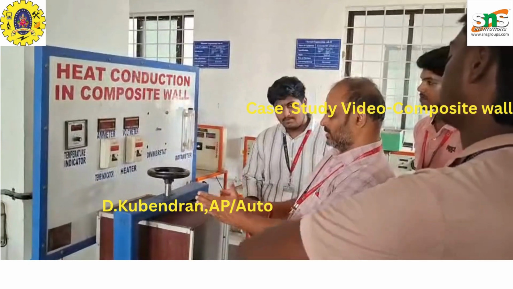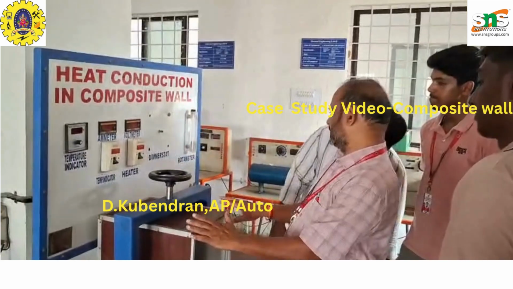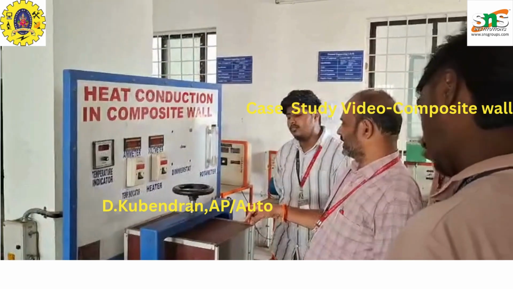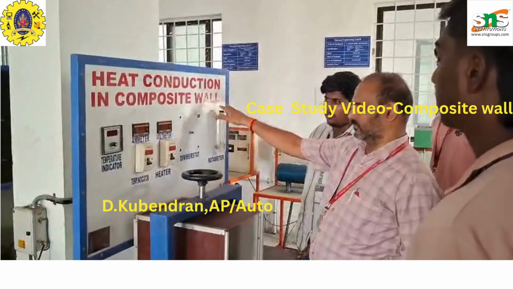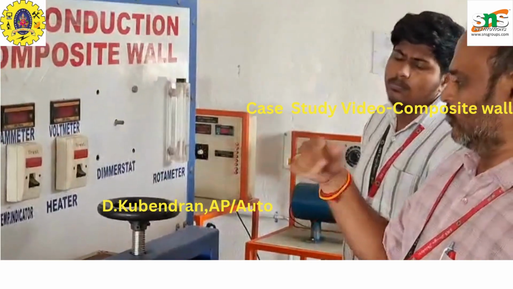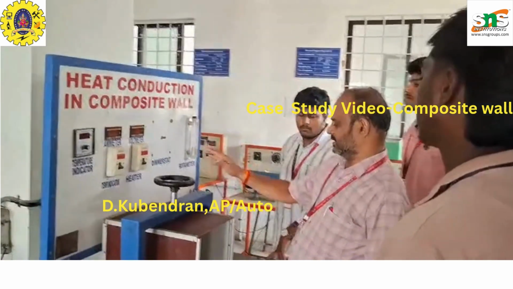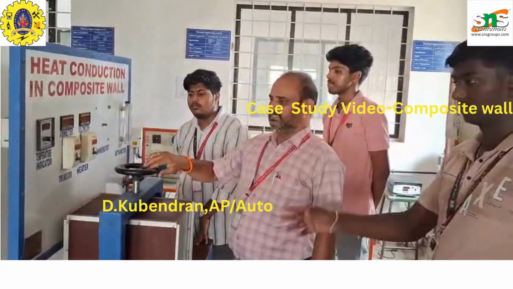In between, two elements will be located, so actually three elements will be there. If you heat the first element, the third element will be heated automatically. That is the purpose of a composite wall. Composite means two or more, and wall means a vertical arrangement.